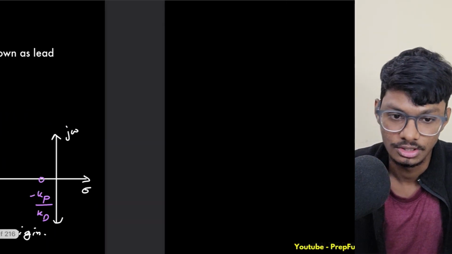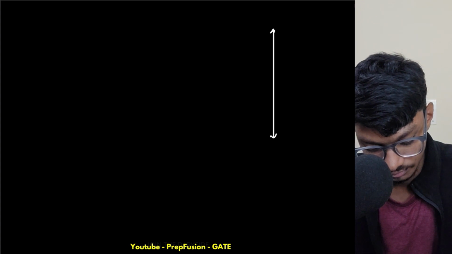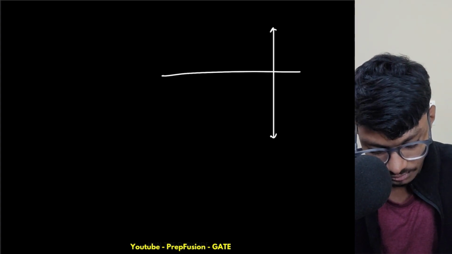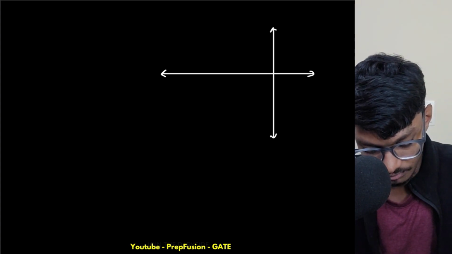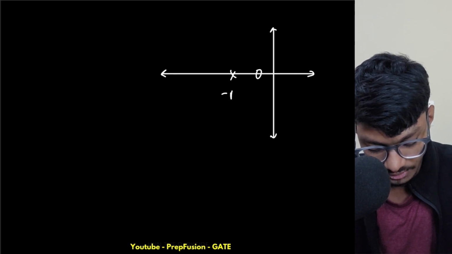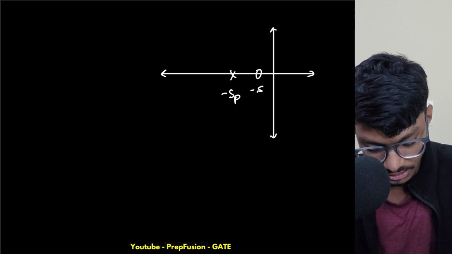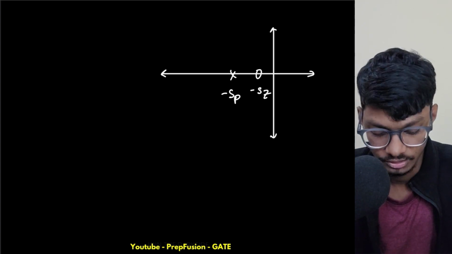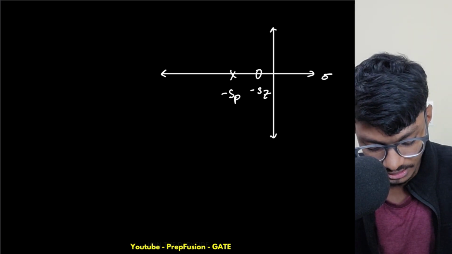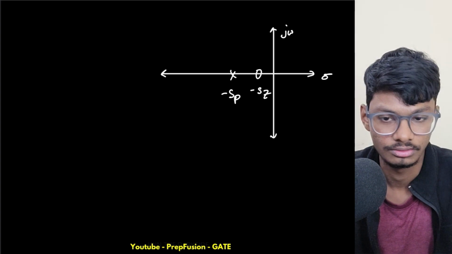But what is the important difference here is this is a lead compensator, that is fine, but if my poles and zeros are very near to each other, if here first I have a zero, then I have a pole, but they are very near to each other, SP and SZ are very near to each other. If that is the case, let me check everything is recording or not.